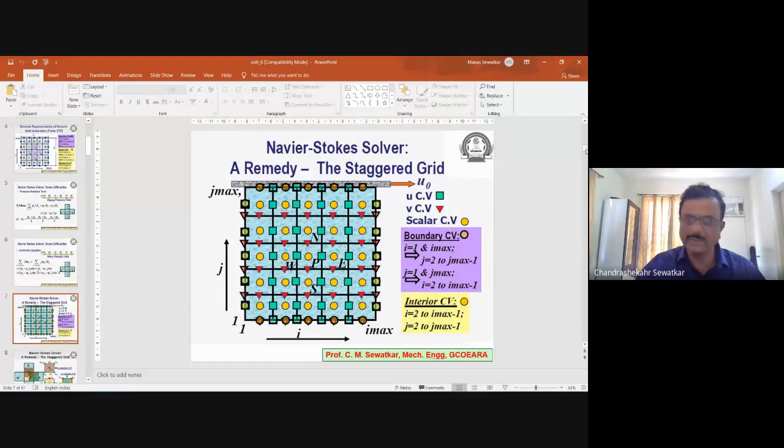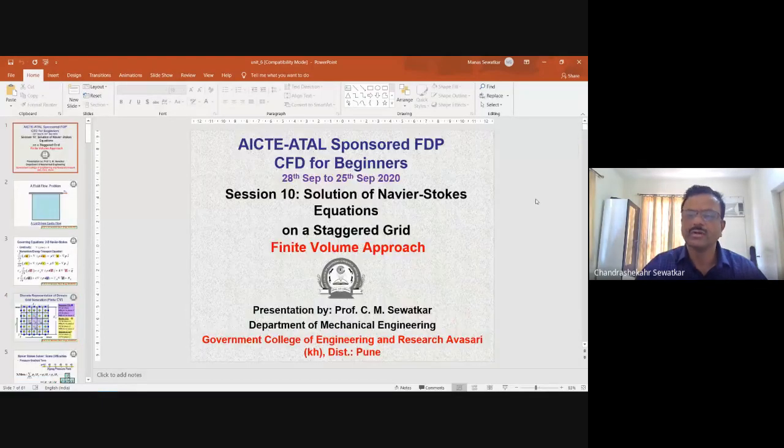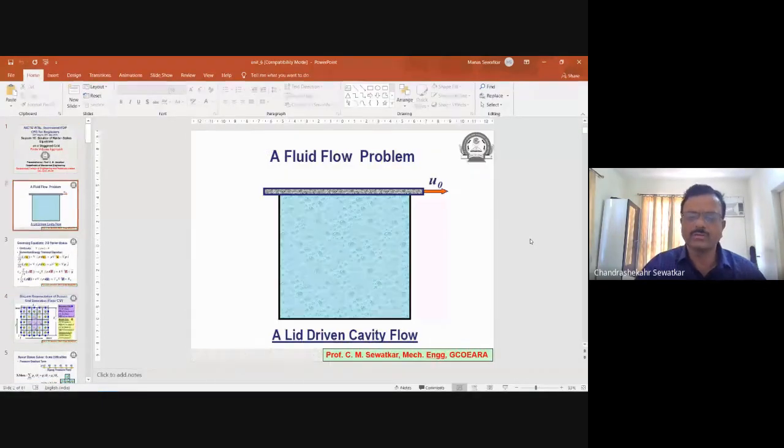We started with the kind of problem which we are going to resolve, which is the lid-driven cavity flow problem, which is a beginner's problem, as I said.